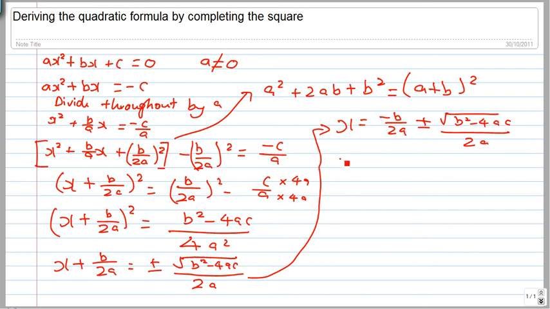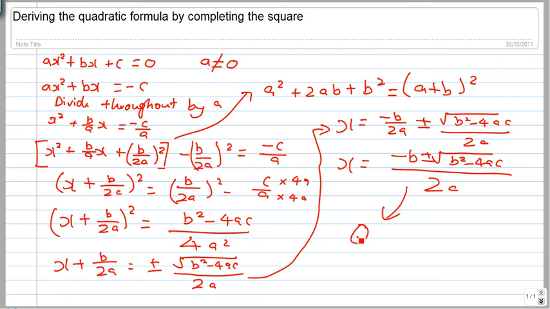Since they are the same denominator, x equals minus b plus minus square root of b squared minus 4ac, over 2a, and this here, my friends, is known as the quadratic formula. You actually use it to find the roots or the solutions of the quadratic equation. Alright?